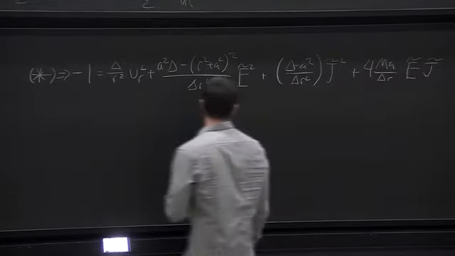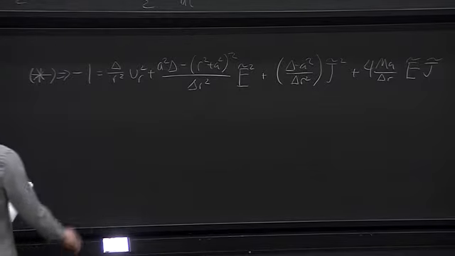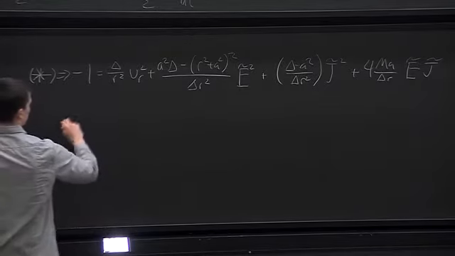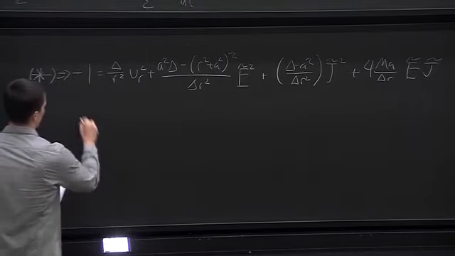Okay. So a little bit simpler. Now, just want to do a little bit of algebra. So we'll move this guy to the left-hand side, move this guy to the right-hand side, and multiply through by delta r squared.